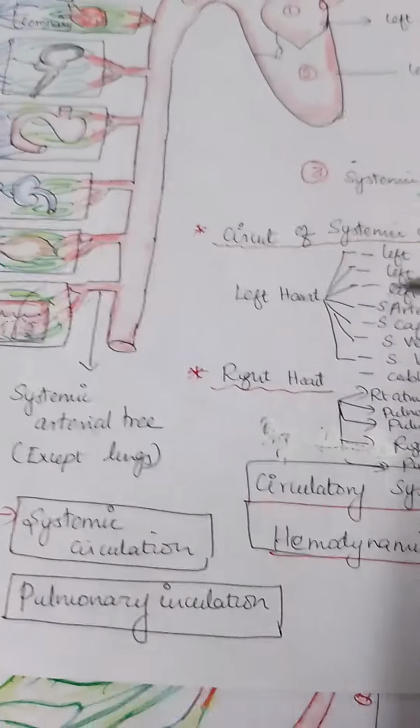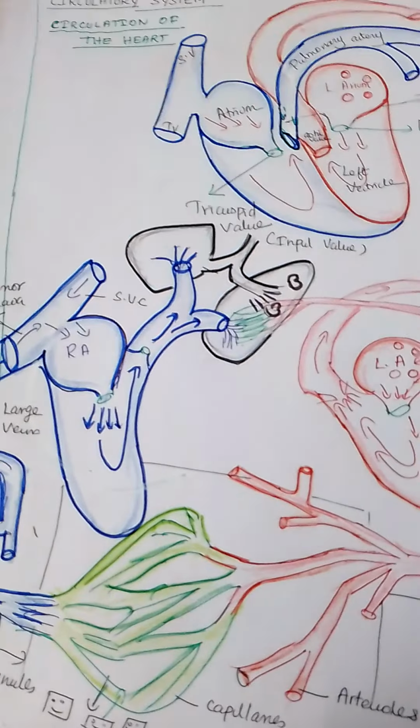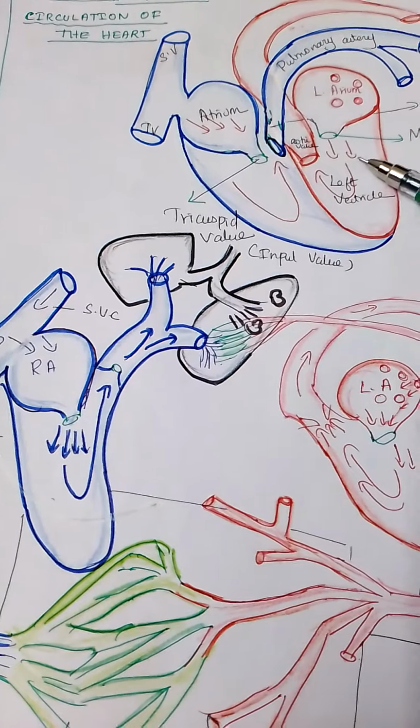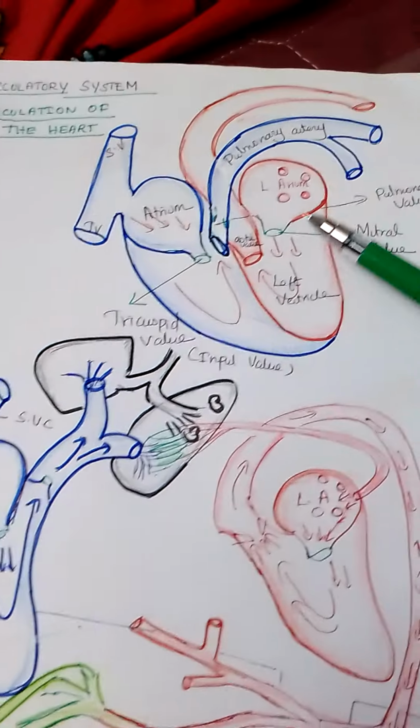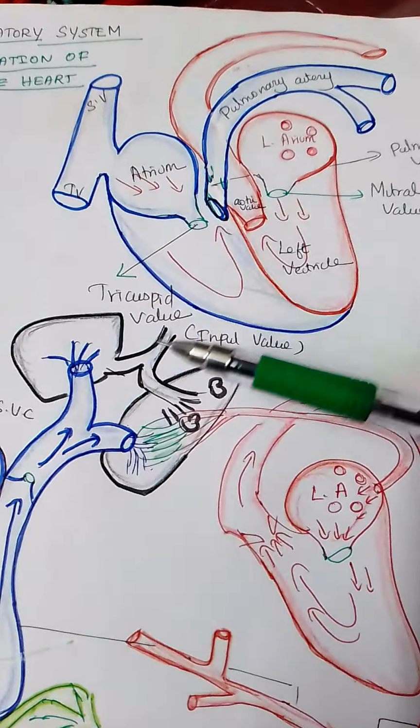So in this class we have mainly seen about the circulation of the heart, isn't it? The circulation of the heart, you can simply draw. First, you can draw a simple picture like this. With this one picture, you can mark the parts. When you are writing, you start with the atrium.